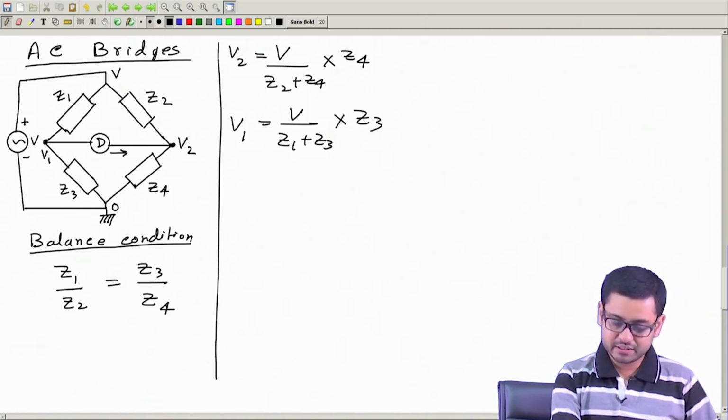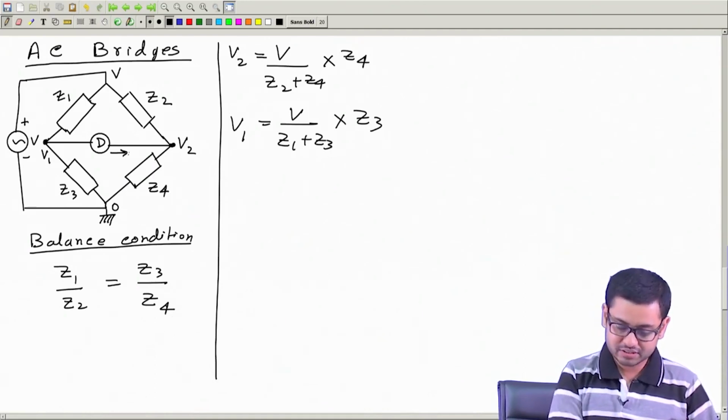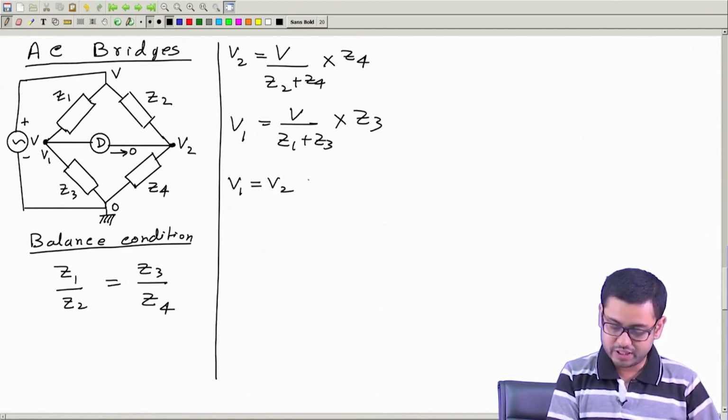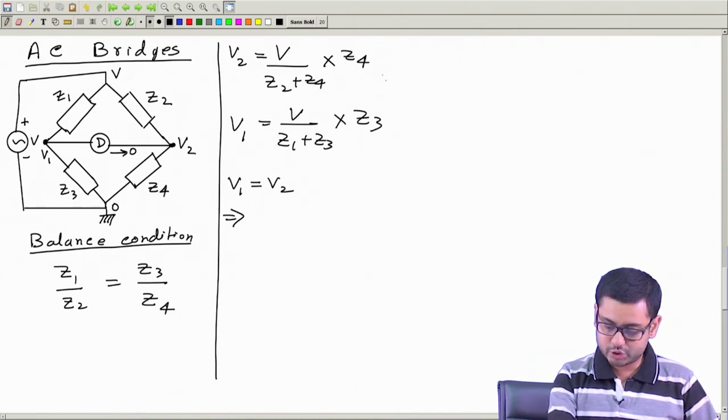These two should be equal if no current is flowing through the detector.